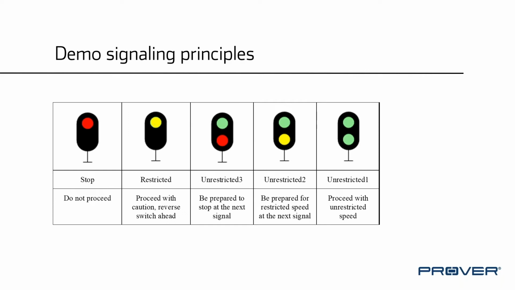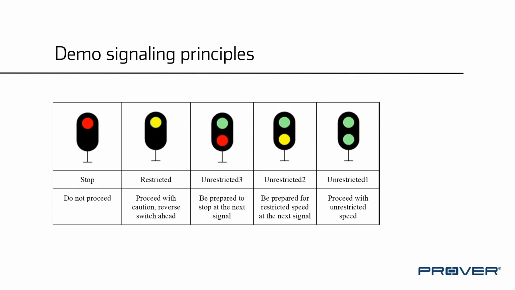To give some examples of this, let's look at the 5 aspects we use for signals. There is an upper light of the signals we use that signals the main speed. It can be red, yellow, or green, depending on if it's proceed unrestricted.